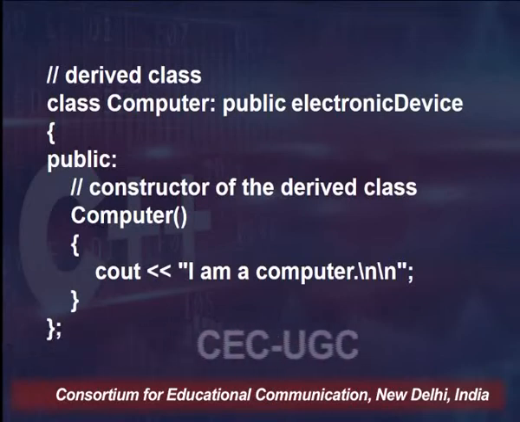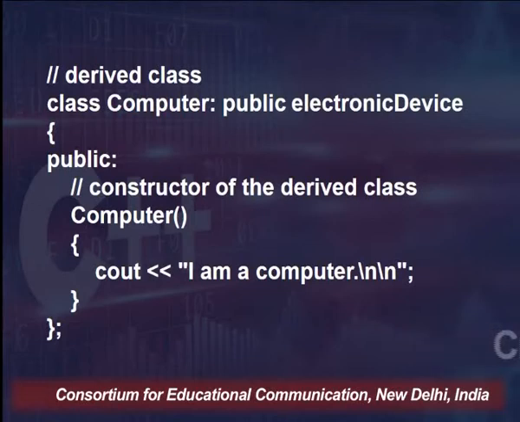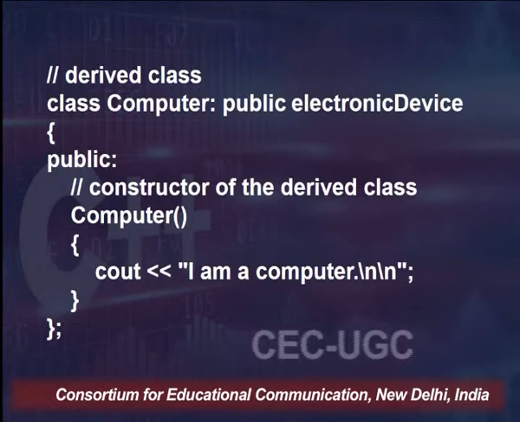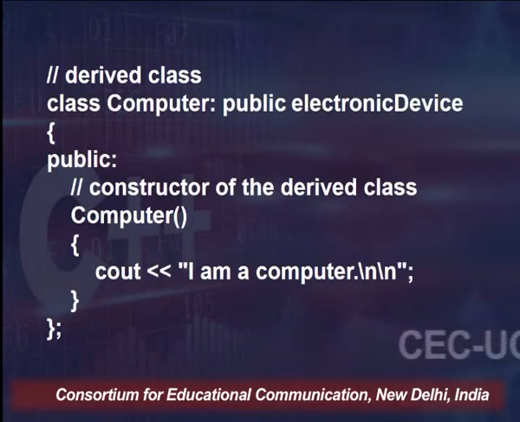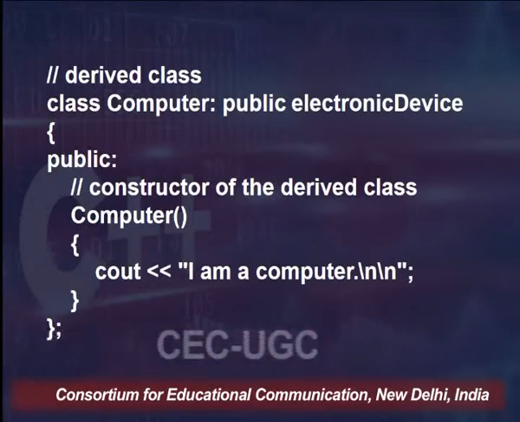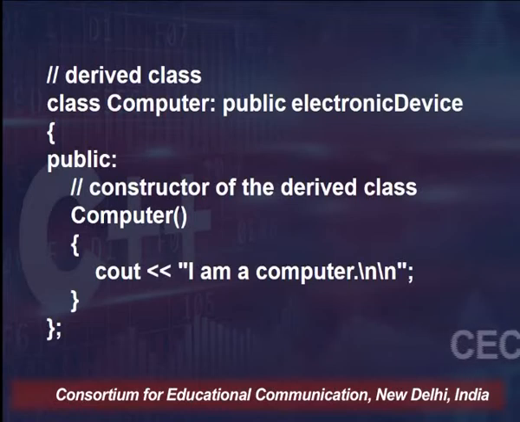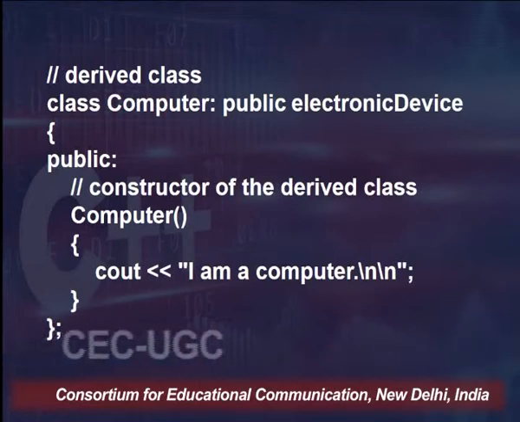Because it has been derived in public mode, whenever we define public as the visibility mode, the public members of the base class will be taken as public members of the derived class also. So class Computer has two public members: the constructors of both the base class and the derived class.